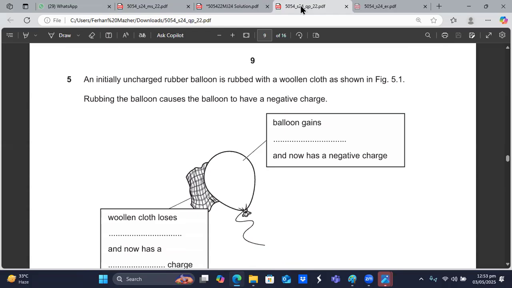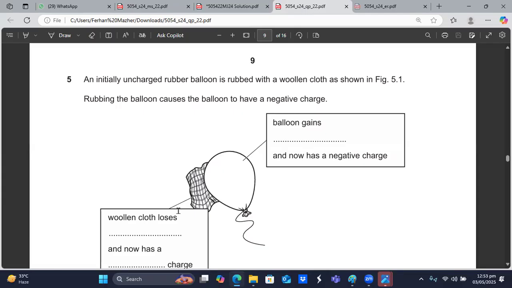So on your screen, question number 5 is showing up. An initially uncharged rubber balloon is rubbed with a woolen cloth as shown in figure 5.1. Rubbing the balloon causes the balloon to have a negative charge. So if the balloon has a negative charge, it means it has gained electrons. The balloon gains electrons and now has a negative charge.